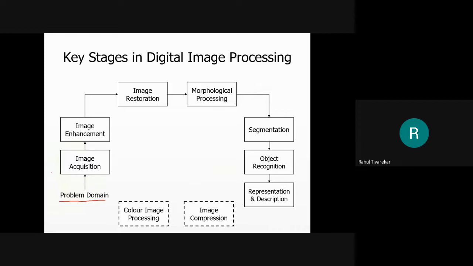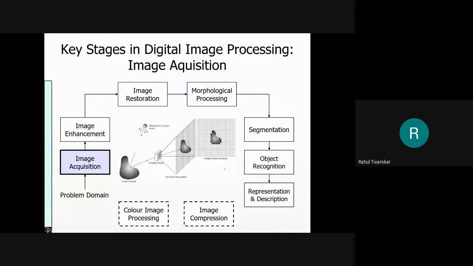Then we will have image acquisition, where the digital image will be formed using that scene. Then it will be enhanced. Enhanced means it will be modified in such a way that it will look better and more application oriented. Then restoration of the image, morphological processing. We will see what all these blocks mean one by one.